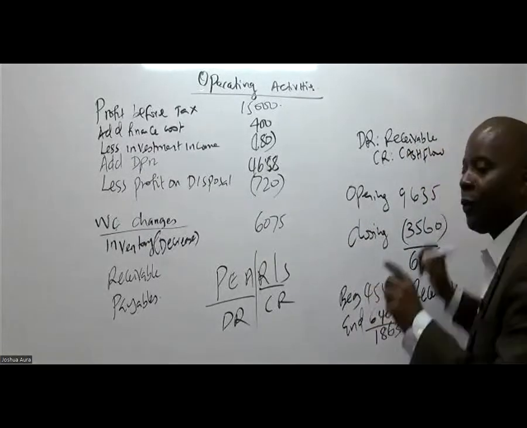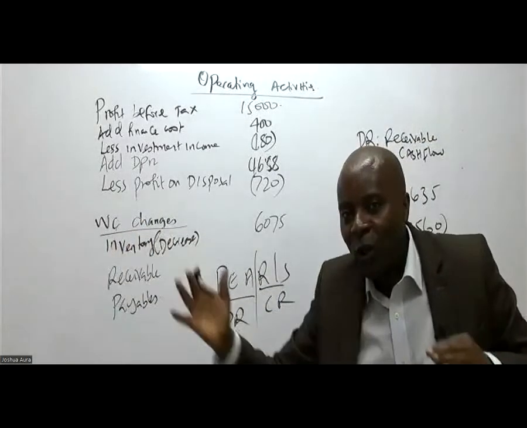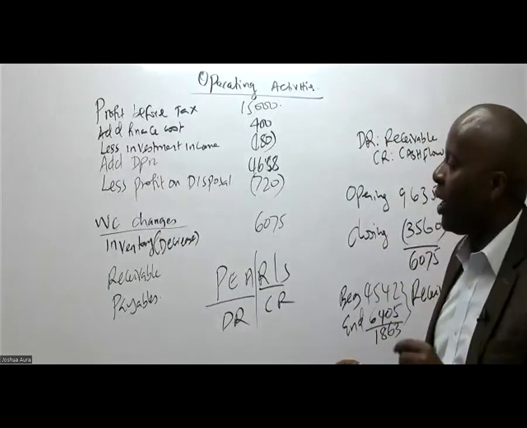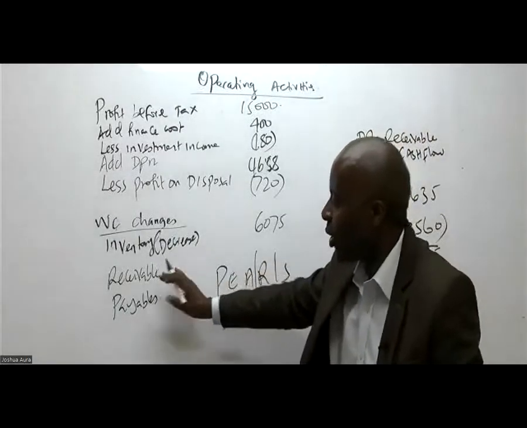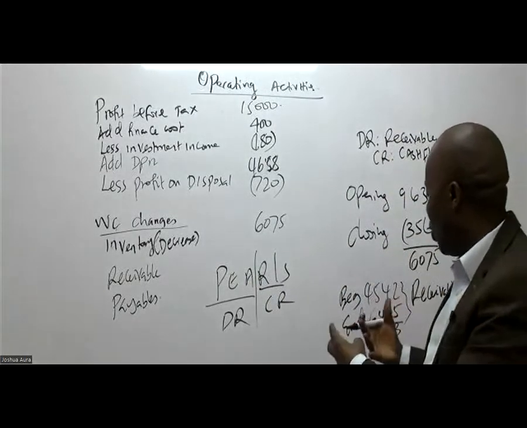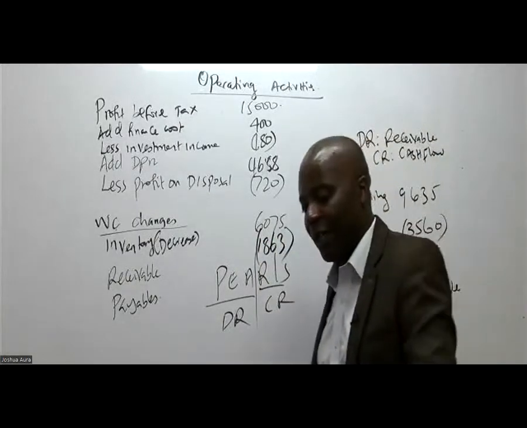So crediting cash flow means what? That cash went out. Listen to me very well. Receivable increased, so the other account, which is cash, must have gone out. So in this case, the 18.63 is supposed to be negative like that.